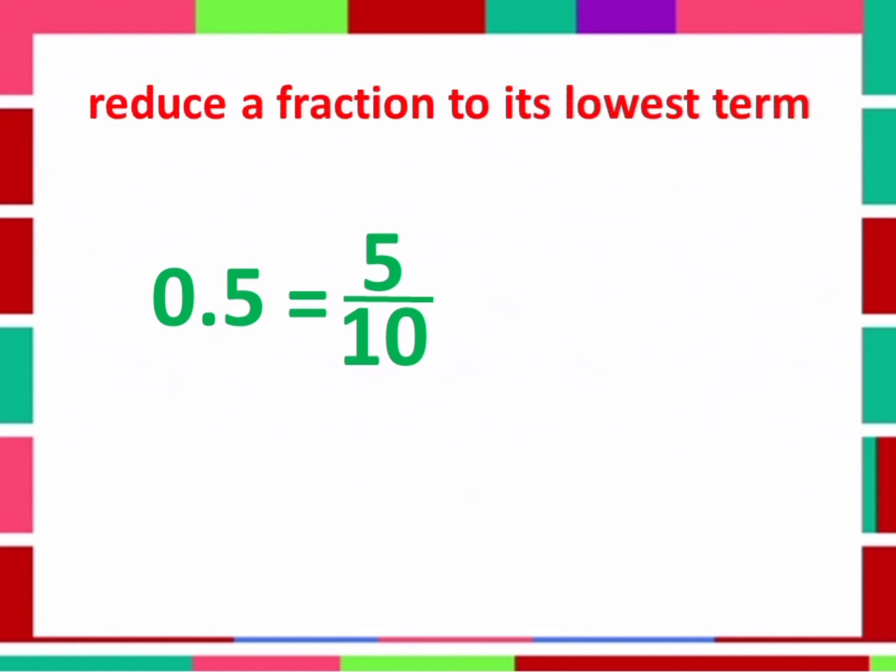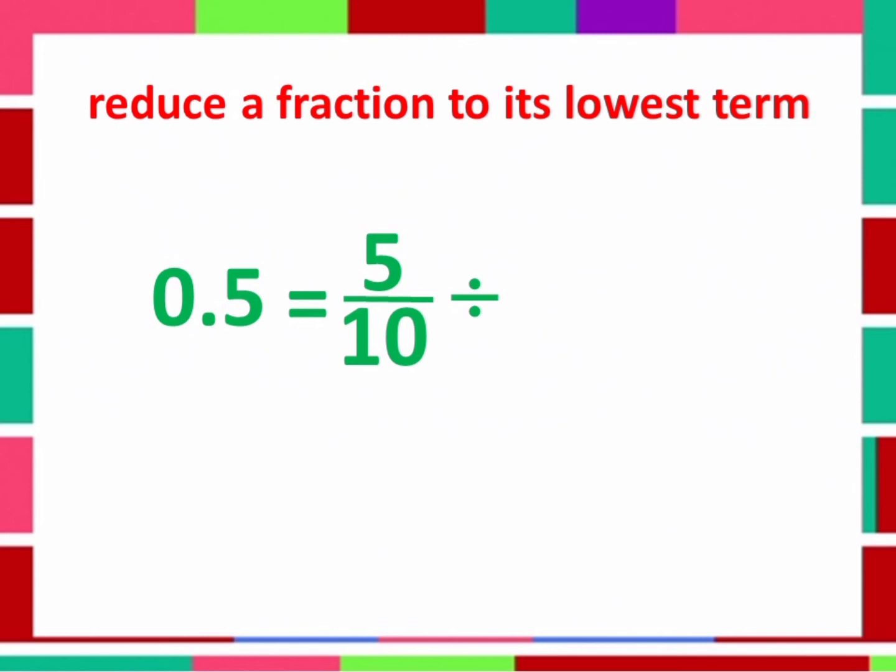Next example is 0.5. We can write it as 5 over 10. Remember that always reduce a fraction to its lowest term. So find a number that you are going to divide both numerator and denominator by to reduce it to lowest term. So, what will be the number?